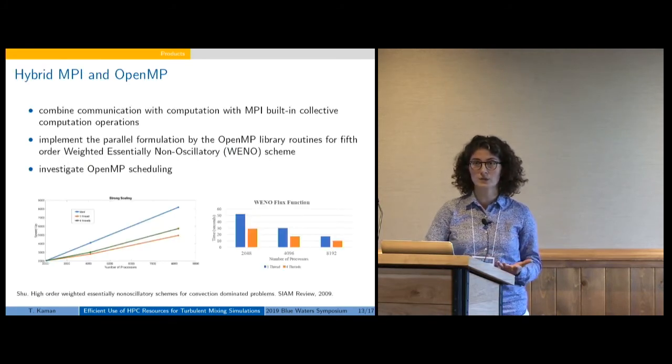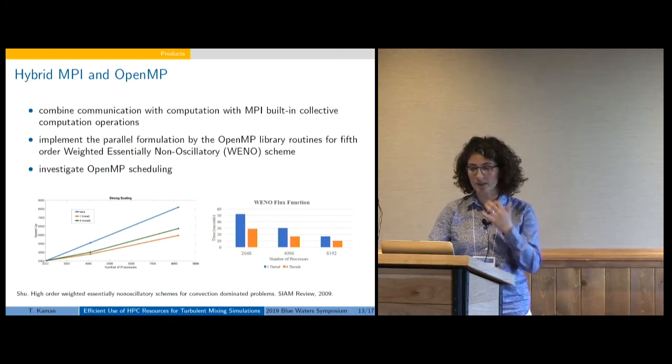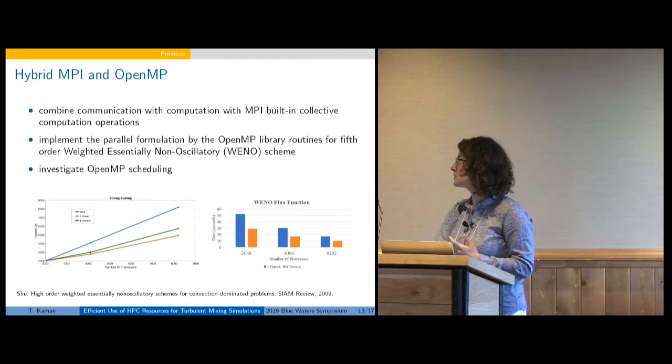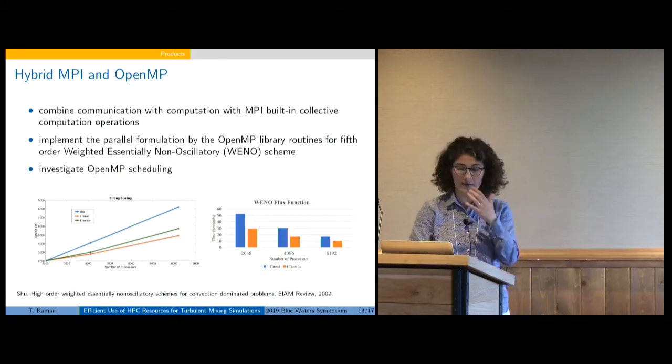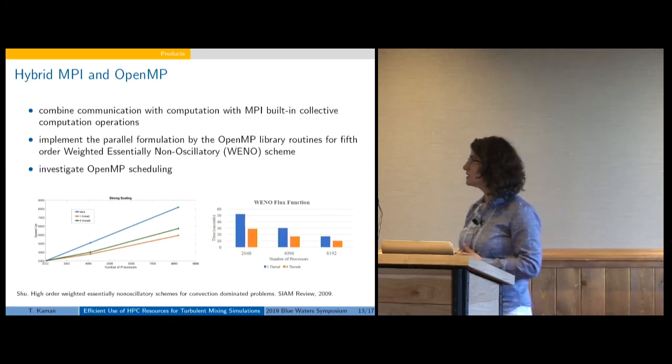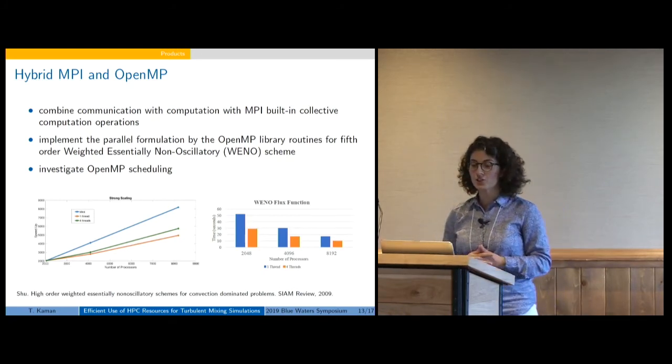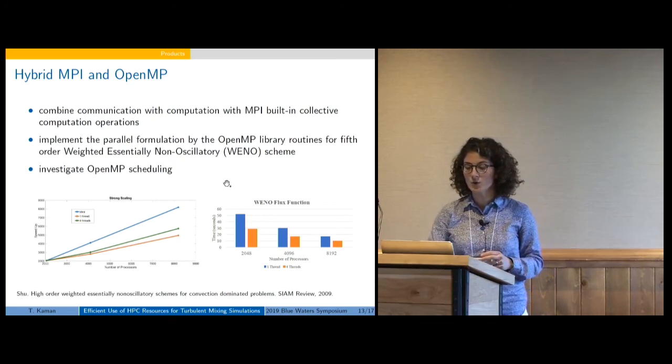So our focus is to extend that part to OpenMP parallelization. We implemented the OpenMP library into the weighted essentially non-oscillatory scheme, investigated different OpenMP scheduling, and achieved some performance. The efficiency goes from 60% to 70%.